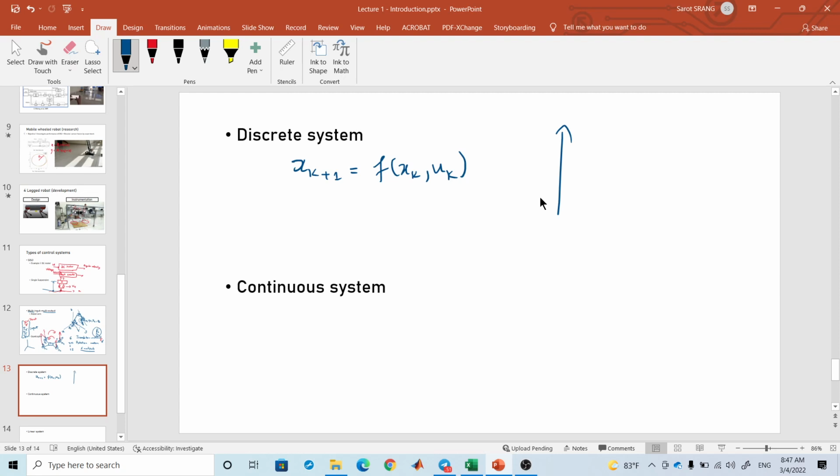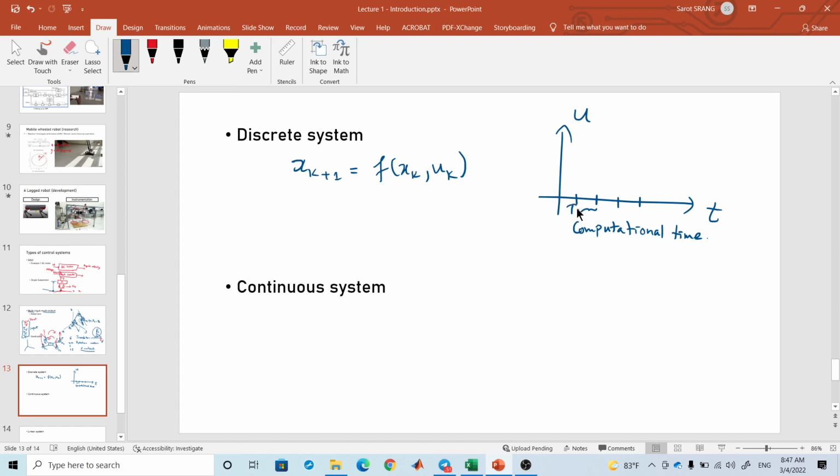So the profile of the input, let's say, okay, this is t, and this is input u. It can be voltage or current, or it can be thrust. Because you need a certain amount of time to compute the right input, let's say this period is the computational time.